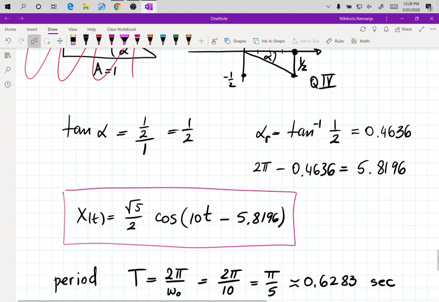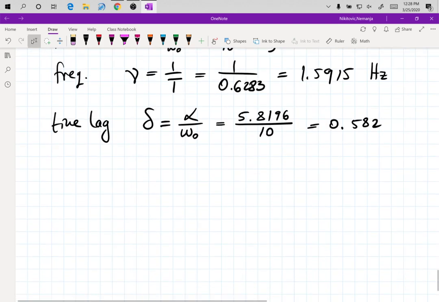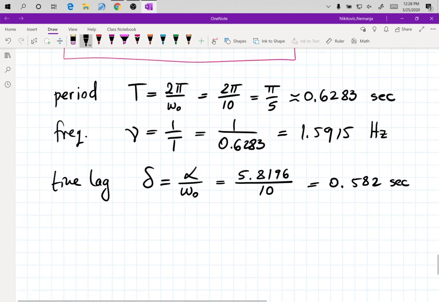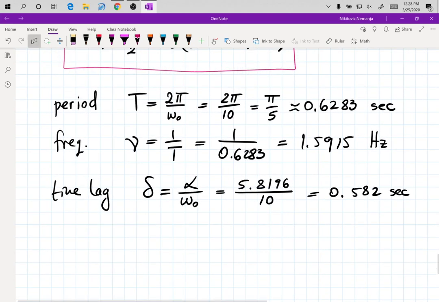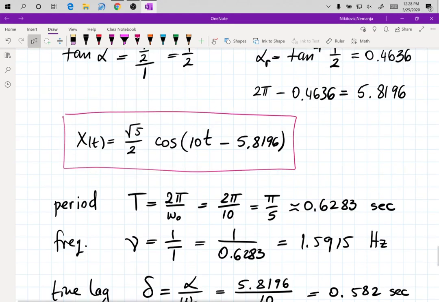I just hope nothing crashes over here. There it is. So, quick summary for the problem, or a quick summary for the whole thing?